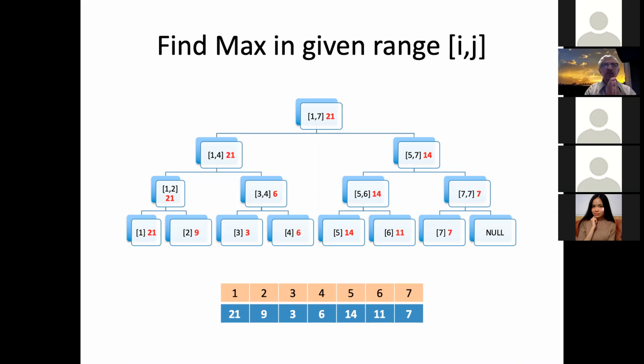Then we go down here and ask the question, is it completely contained in 1 through 2? No, it's not. Is it completely contained in 3 to 4? Again, the answer is no. So we have to break it, and we break it right there because we know that 1 through 2 is on this side and 3 to 4 is on the other side. So we're going to break it into 2 through 2 and 3 to 3.